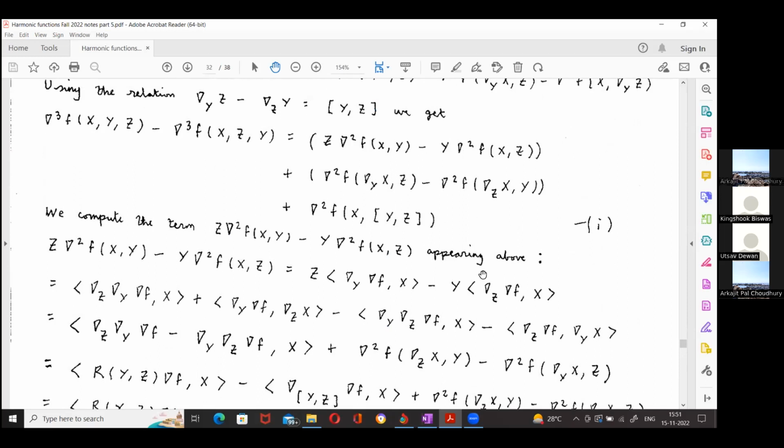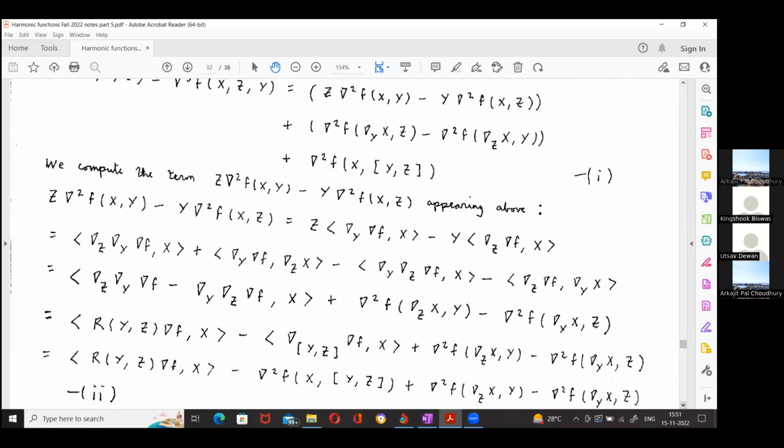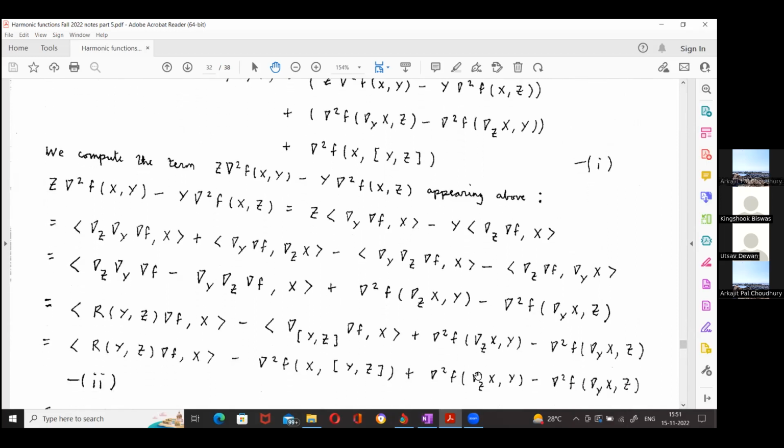And after you expand this, you'll get a curvature term and then minus some term and then plus another two terms. So this term with the bracket y z is going to cancel with the term with bracket y z here. They come with opposite signs. And these two terms are going to cancel with these two terms here.